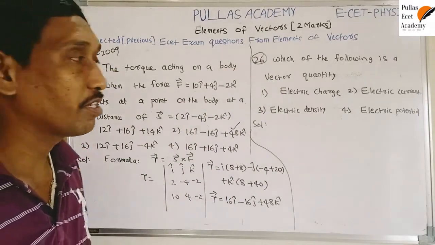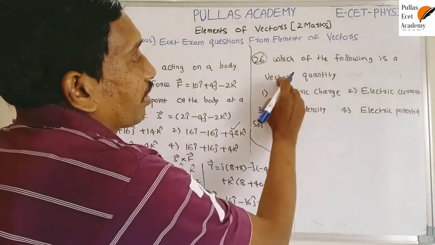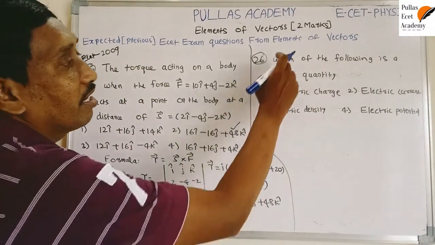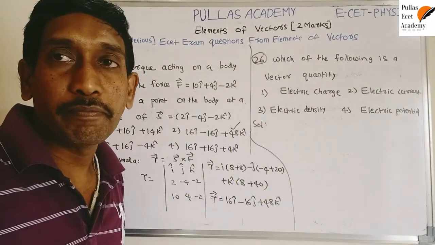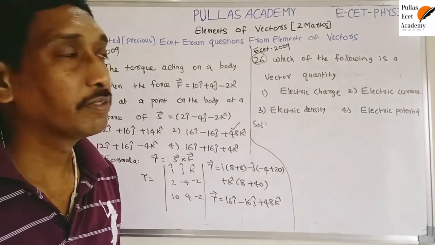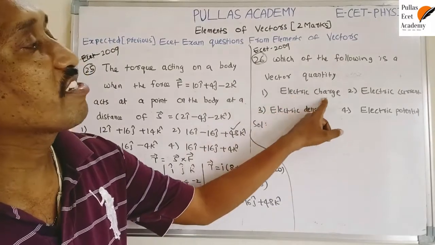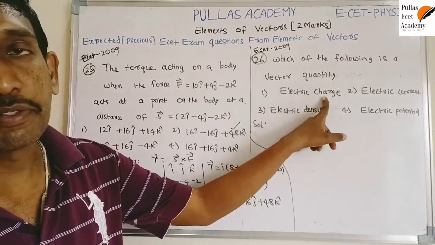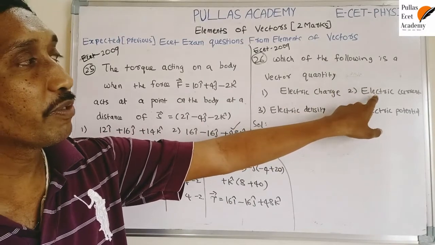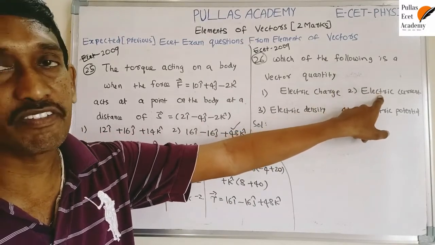Okay, next, 26th question. This question is: which of the following is a vector quantity? A simple question is given. In this paper, actually, this question is repeated from the ESET 2009 paper. Electric charge is scalar, it has only magnitude. Whereas electric current has magnitude and direction, but it does not obey the laws of vector addition.